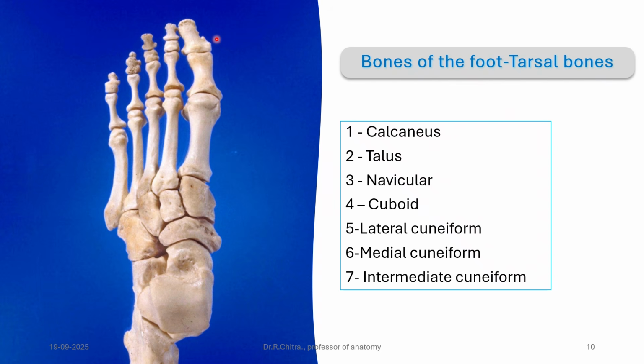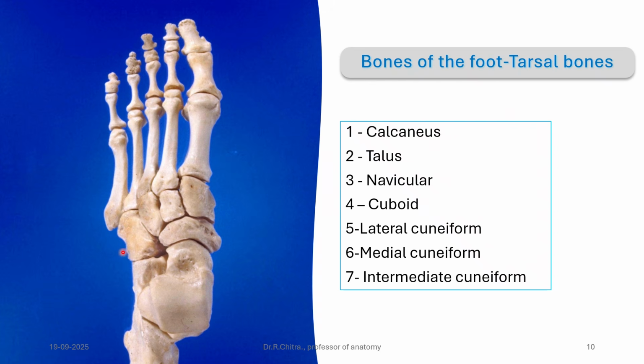Now we will see elaborately the bones of the foot. Functionally, the foot is divided into tarsus, metatarsus and phalanges. 28 bones, including the two sesamoid bones in the tendons of flexor hallucis brevis. Now we will start with the tarsal bones. Type of the bones, they are short bones, 7 in number.